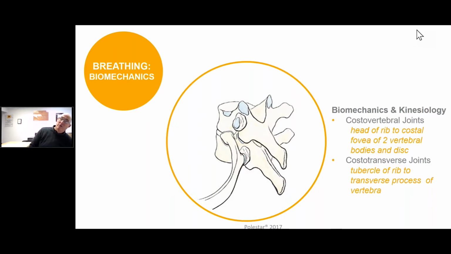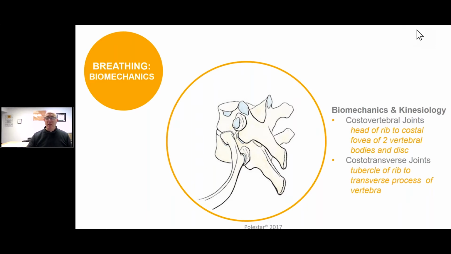If I side bend to the left, the rib and the disc are going to go to the right. Okay, so that again follows rule number 1. So let's just repeat it. Flexion, ribs go back. Extension, ribs go forward. Side bending left, ribs go to the right. Side bending right, ribs go to the left. So we have that nice relationship of always moving in the opposite direction.